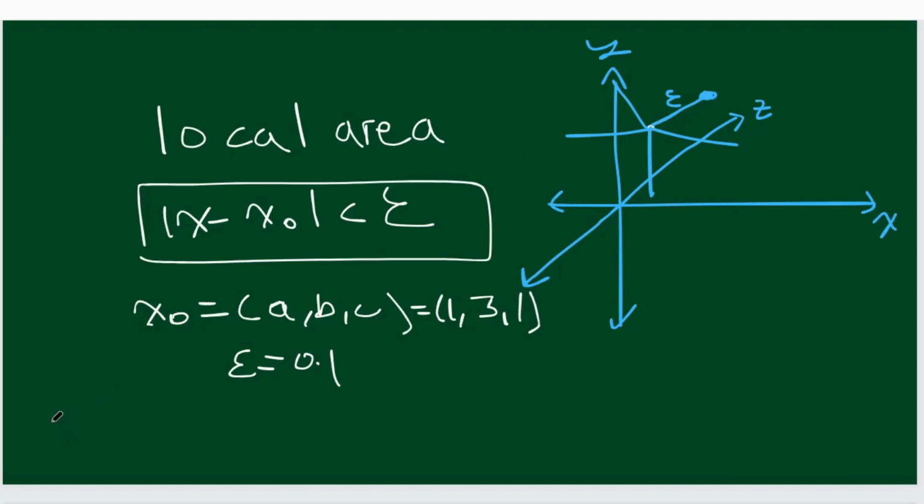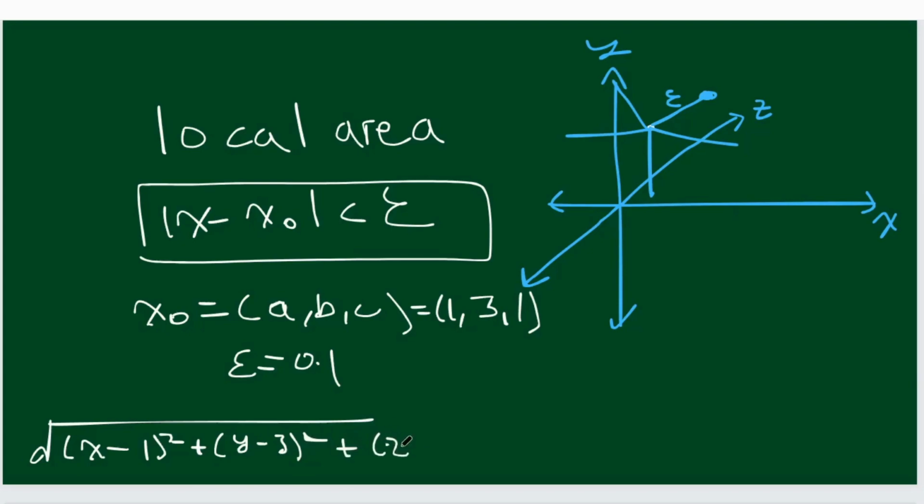The distance in this case would be equal to the square root of (x minus 1) squared plus (y minus 3) squared plus (z minus 1) squared. This is smaller than epsilon.